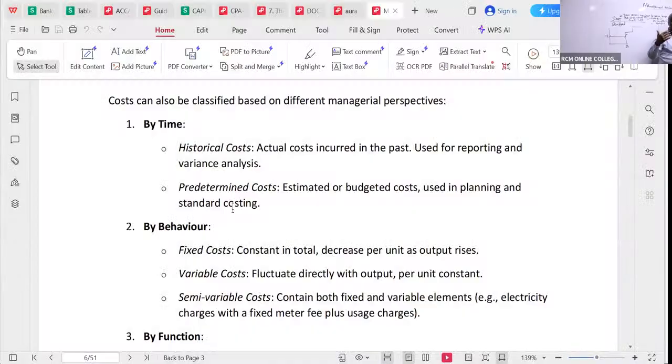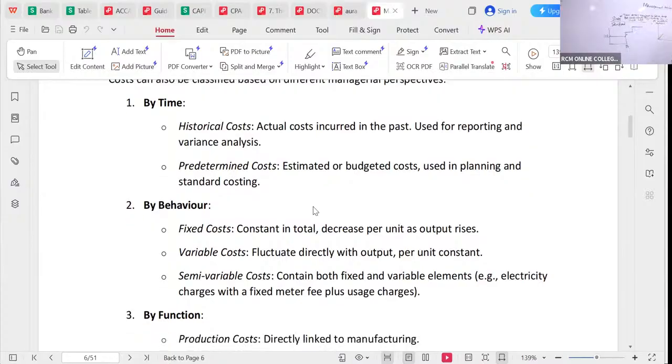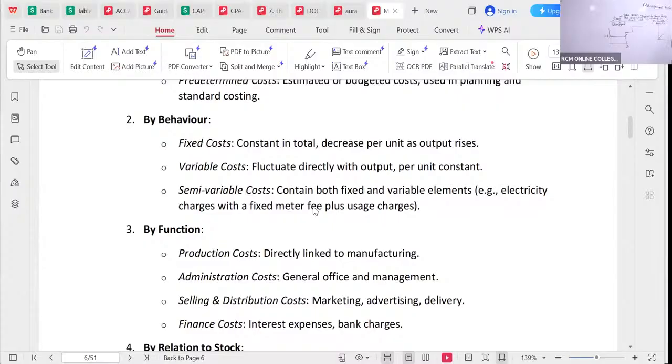Then we have classification by functions, management functions. You know, like how we do administration. Those are functions of management, isn't it? Functions of a company. So we have administration, distribution costs, finance costs by function. So by function, we have production or manufacturing costs, which are directly linked to manufacturing.